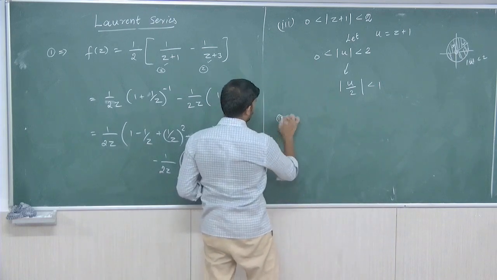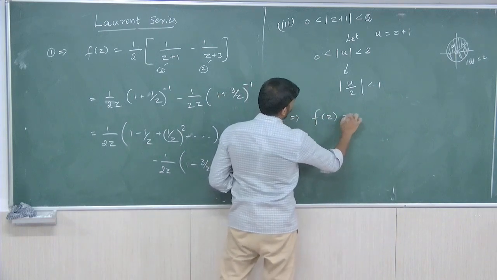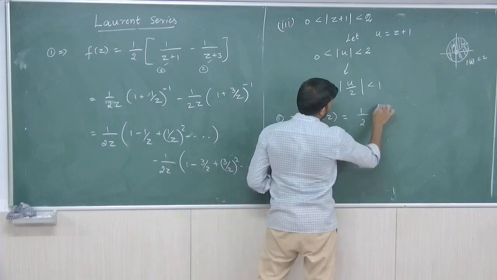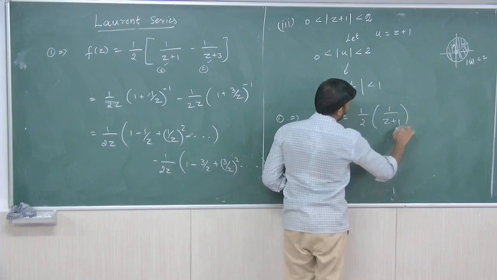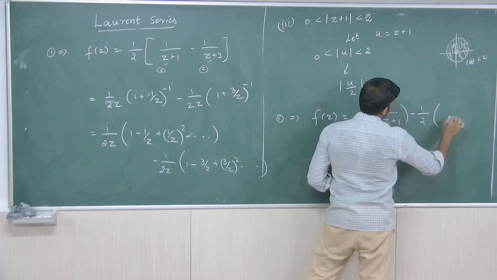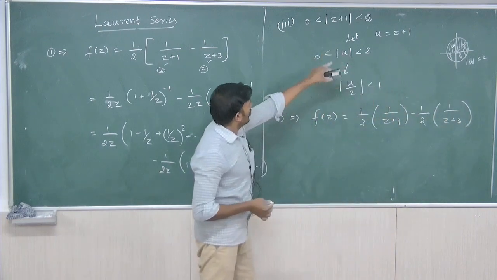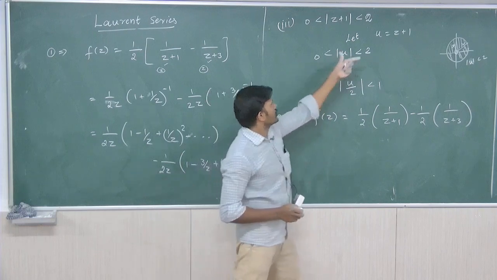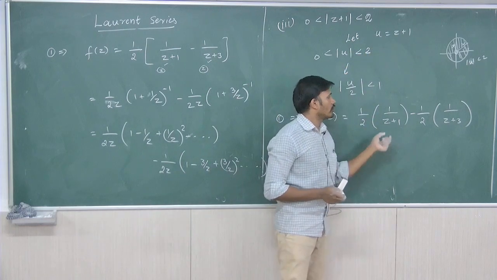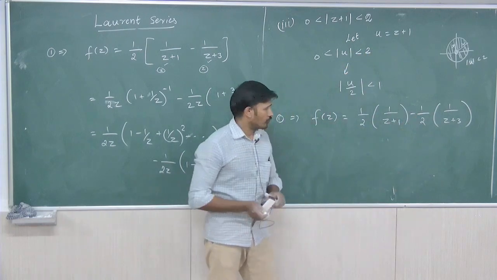Right? So now what is equation 1? Equation 1 is f of z equals 1 by 2 into 1 by z plus 1 minus 1 by 2 into 1 by z plus 3. Now I am going to use this assumption and convert from z to u.